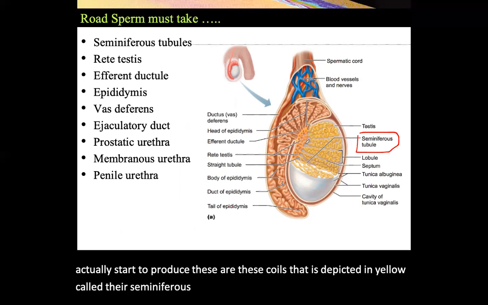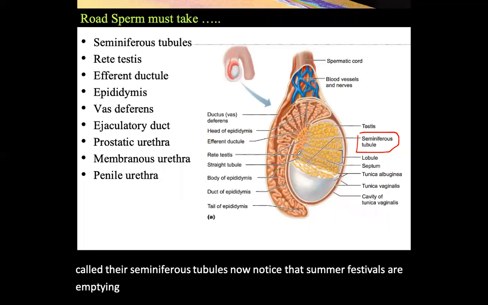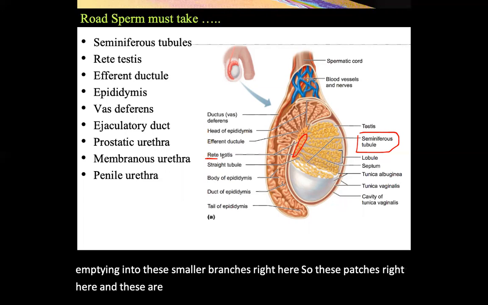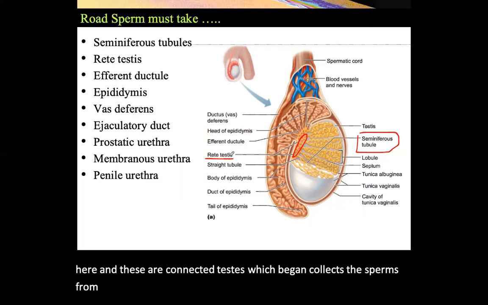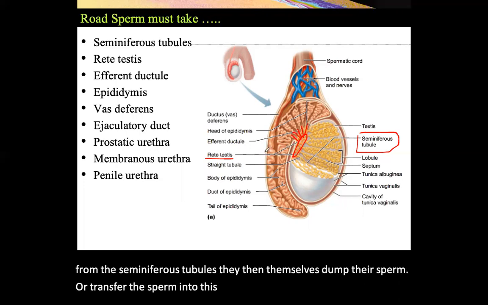Notice that seminiferous tubules are emptying into these smaller branches right here. These branches are called the tubuli recti, which collect the sperm from the seminiferous tubules. They then transfer the sperm into this network of tubules, which are referred to as the efferent ductules.